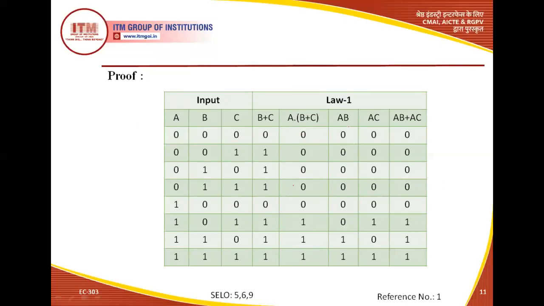Now we see A and B, A and C, and perform the OR operation of AB and AC, which will give the same result as A and (B or C), which is equivalent to AB or AC. So from the truth table, it is clear that A dot (B plus C) equals AB plus AC. So this is the second distributive law.